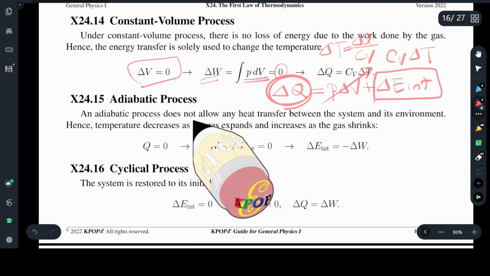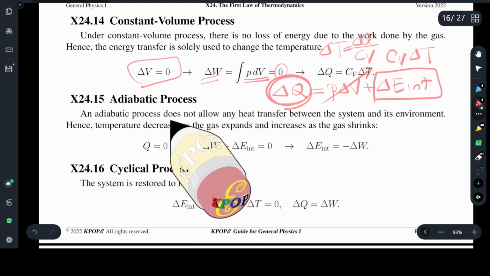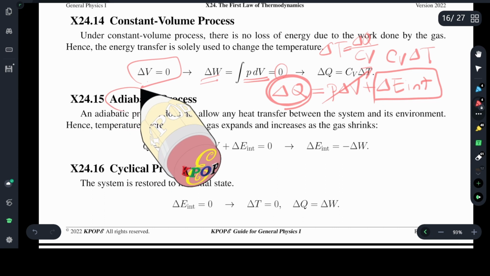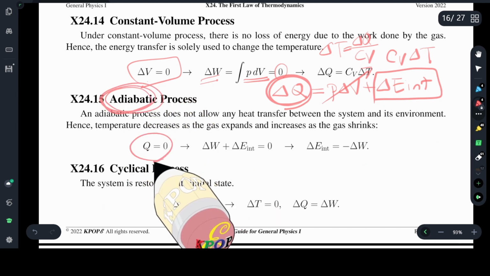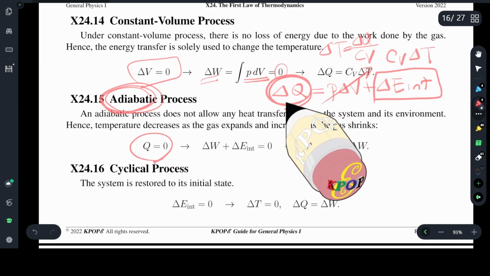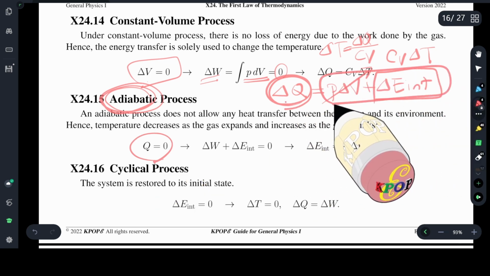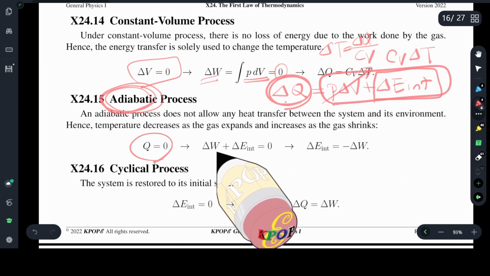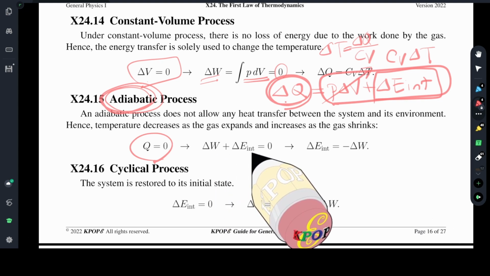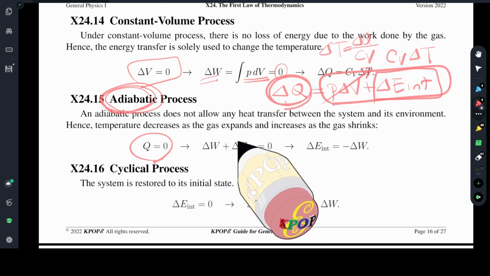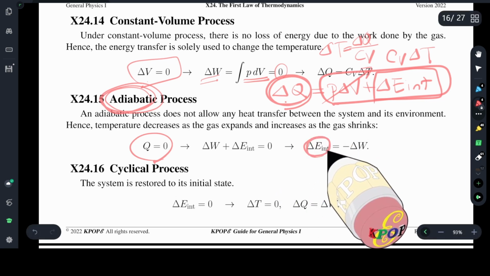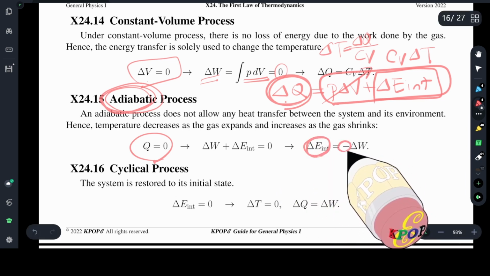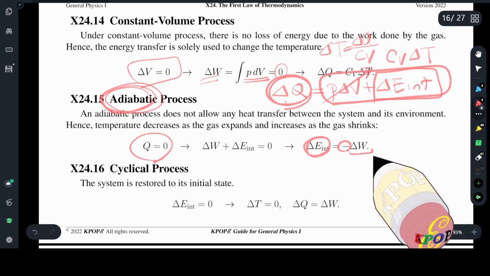Adiabatic process: in an adiabatic process, it does not transfer any heat. So Q equals 0. If Q equals 0, this sum is 0. So the work done by the gas plus the internal energy change is 0. That means the internal energy change is the negative of the work done by the gas.